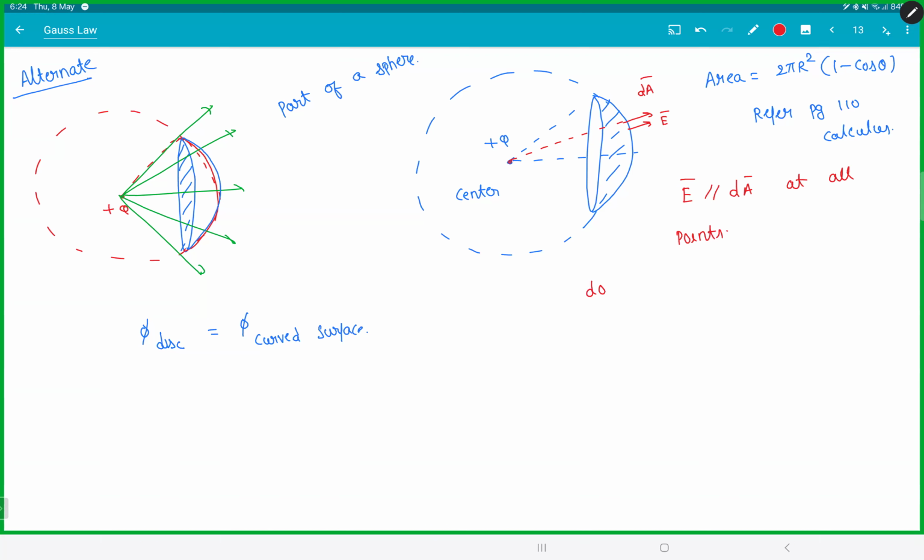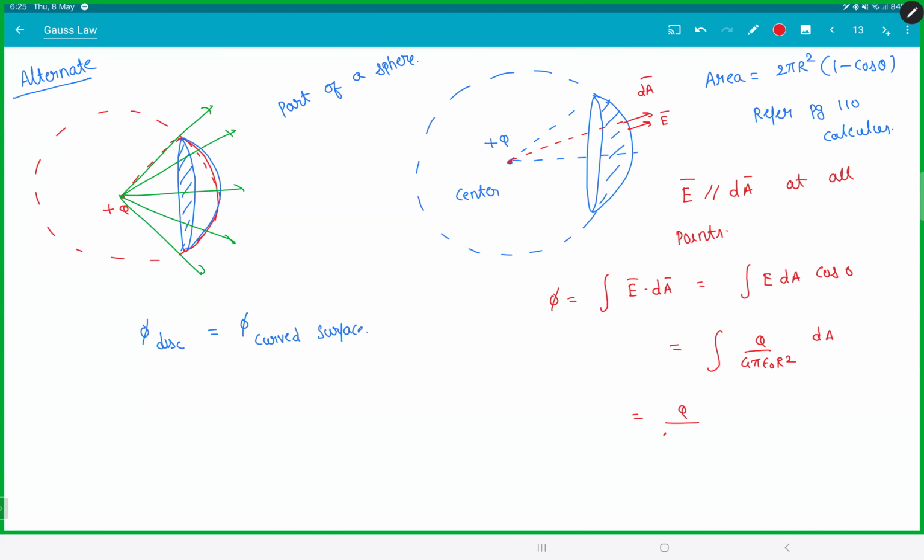Therefore, the flux will be integral E bar dot dA, which is E dA cos 0. E will be how much? Q by 4 pi epsilon r square, and dA.